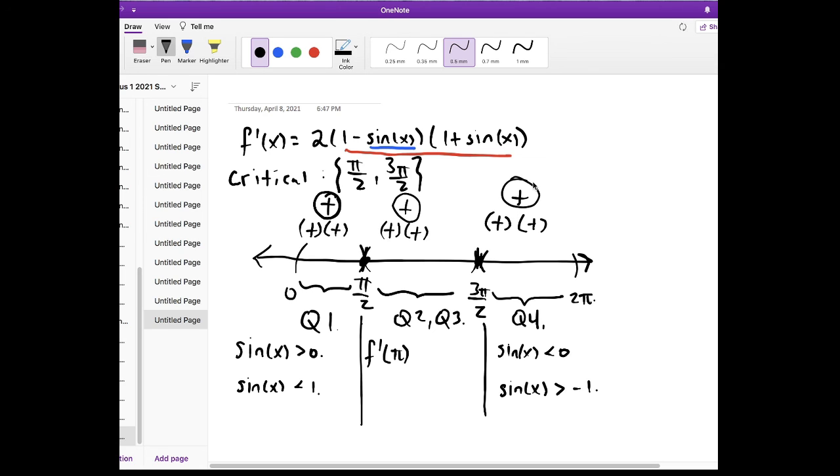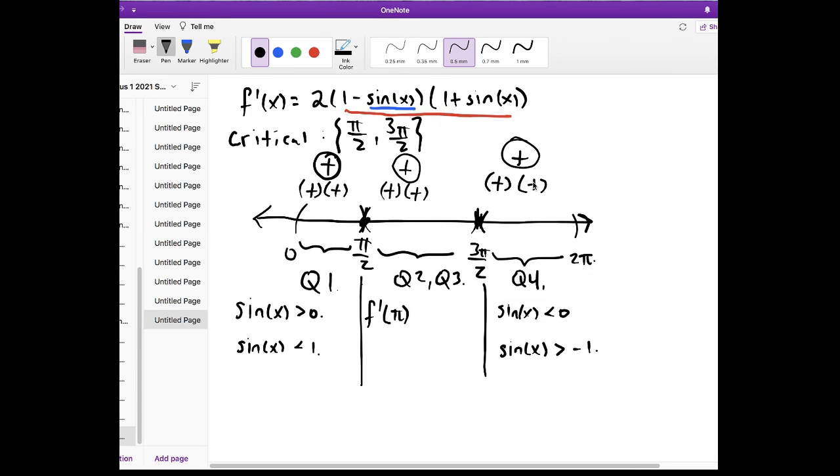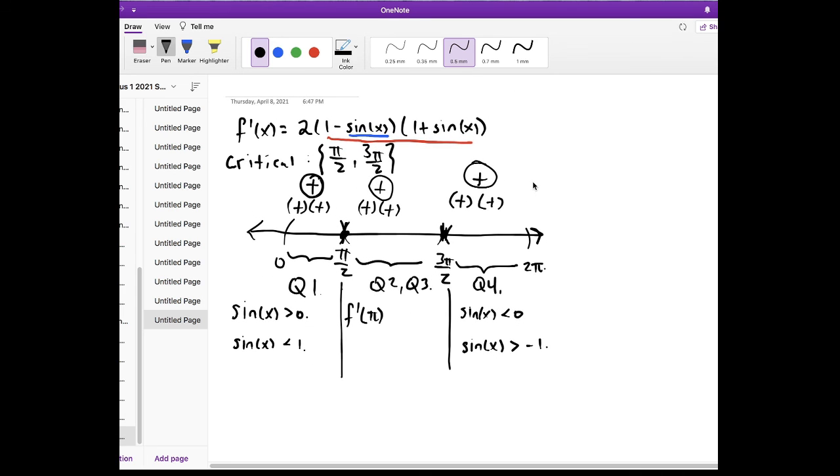Huh, okay. So where are maxes and mins? Do they exist? We have the derivative is positive, positive, positive. So what do you think that says about maxes and mins?